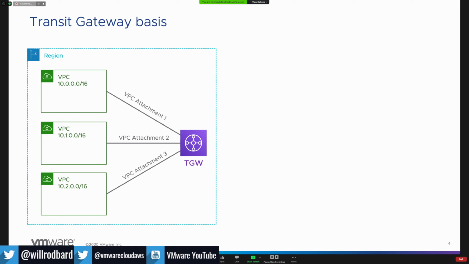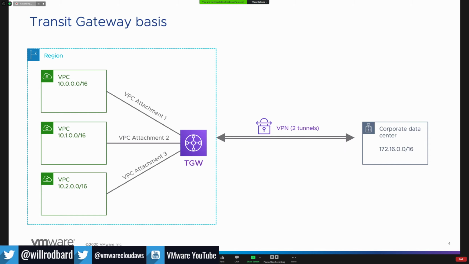It's built on AWS Hyperplane, and this is something that does not really fail. Okay, so we also have capabilities to connect to on-prem data center via VPN connections with 2 tunnels always, and via a direct connect gateway.